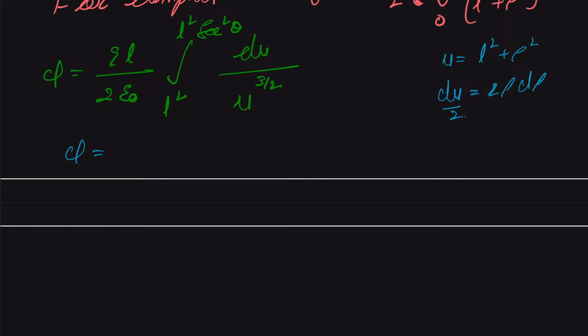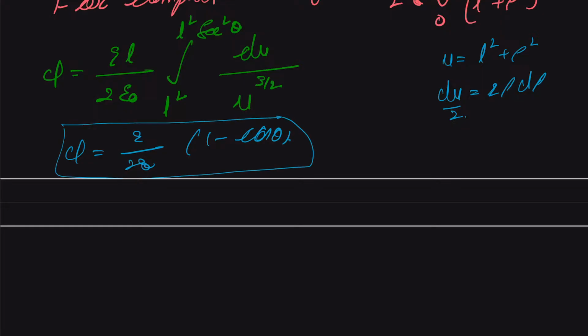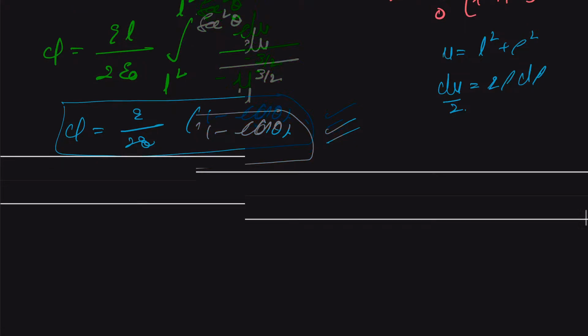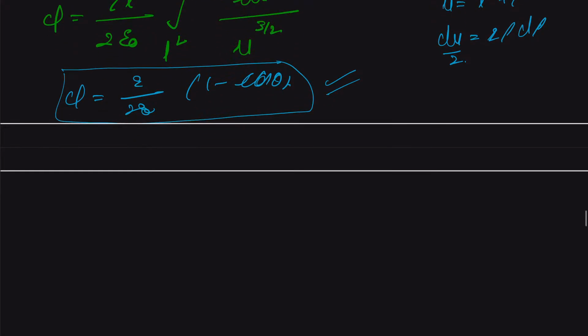So our flux phi will be equal to q upon 2 epsilon naught, 1 minus cos of theta. So in both cases, we are going to get the same answer. Whether we use the solid angle or the more traditional way, the answer is going to remain same.